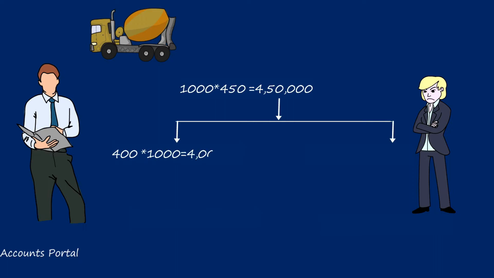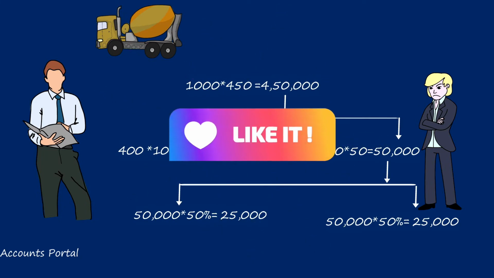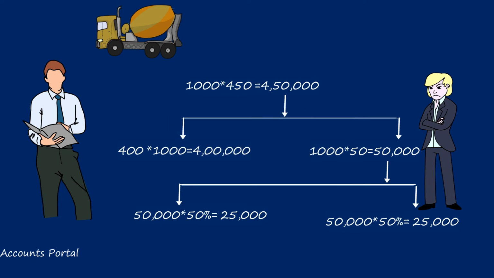Beyond 400 is only 50 rupees. So we will do only 1000 into 50, equal to how much? 50,000. This is the increase beyond 400, and out of this I will pass only 50%, that is rupees 25,000. It means the contractee will pay the fixed price which was agreed plus 25,000 more as per the escalation clause.